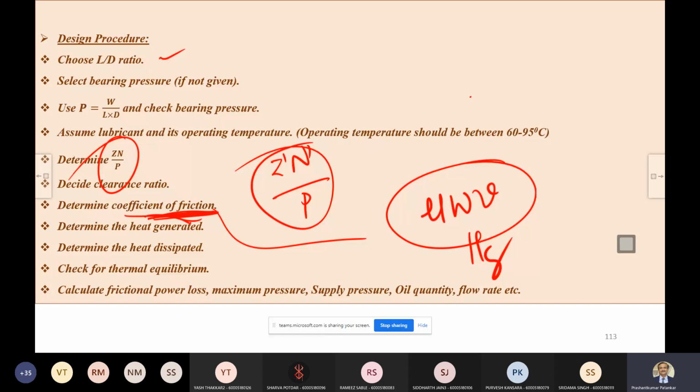Anyway, after that calculation of your heat generation, as I told you, we have to establish the thermal equilibrium. For that reason, we have to calculate the heat dissipated, and then based on the rising temperature delta T, you need to write a comment regarding the supply of oil or how you are going to cool that oil.